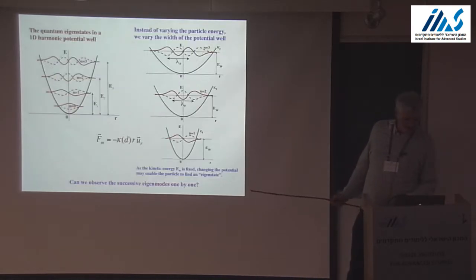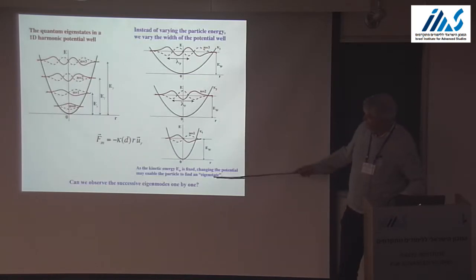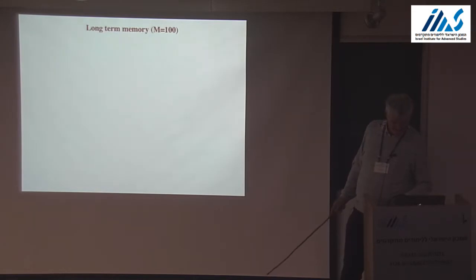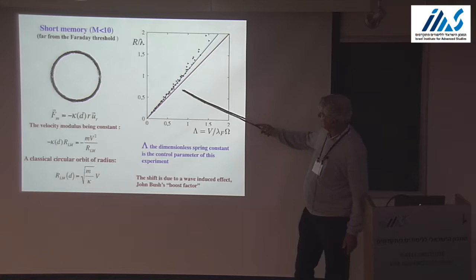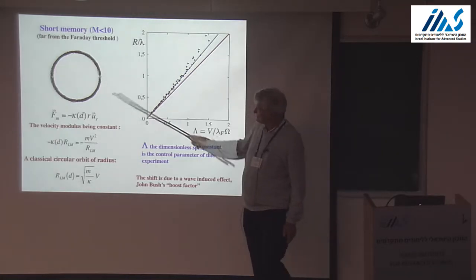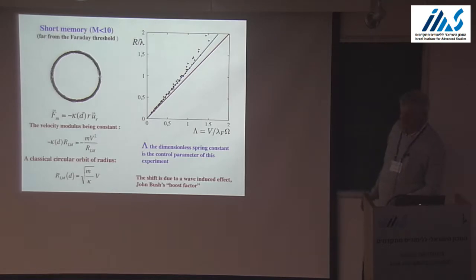So this lambda parameter is the width. The frequency is linked with the frequency of this potential well. So in this case, everything is normal, nothing special. The drop moves on a circle as expected from the laws of mechanics.